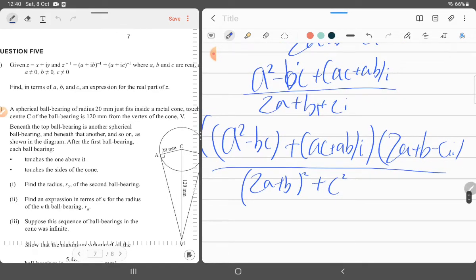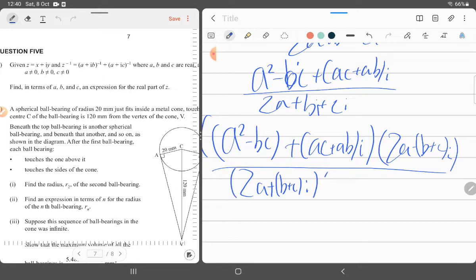So BI. 2A take away 2A plus CI, B plus CI.